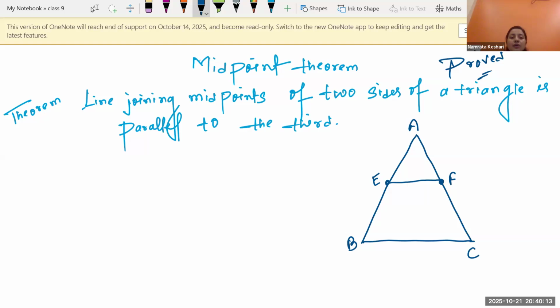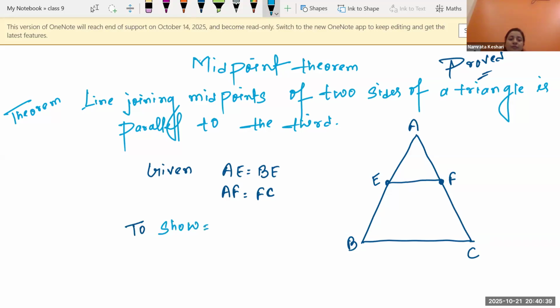So here it's given that AE is equal to BE and AF is equal to FC. This much is given over here, and what we will be proving is that it's parallel.